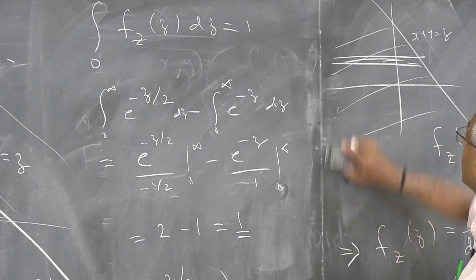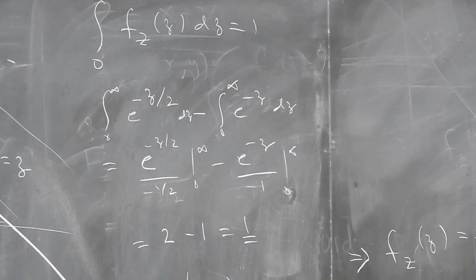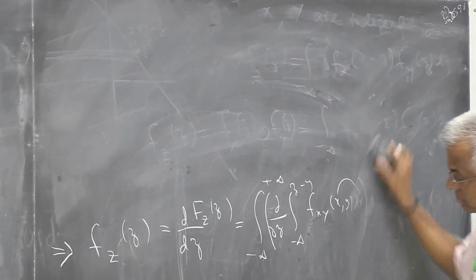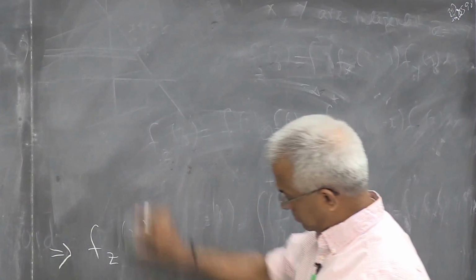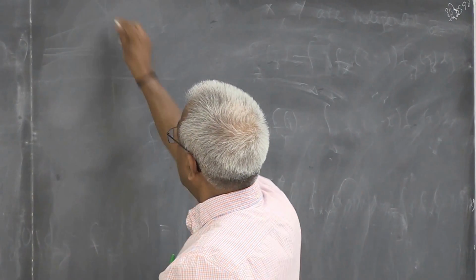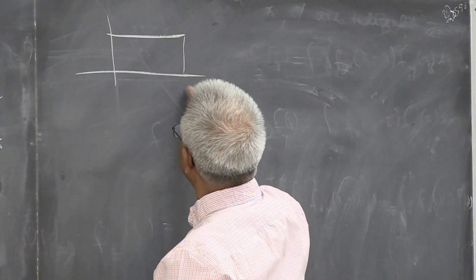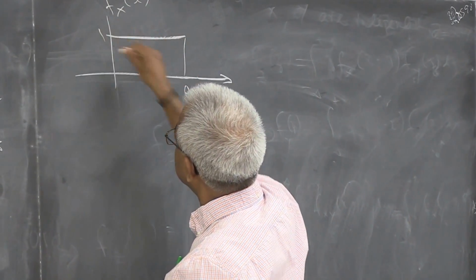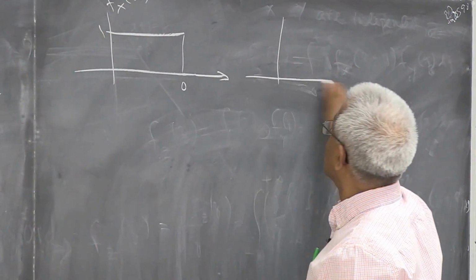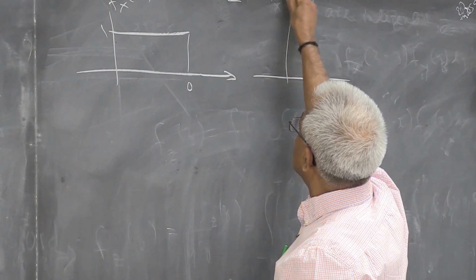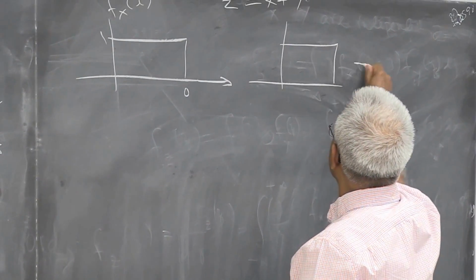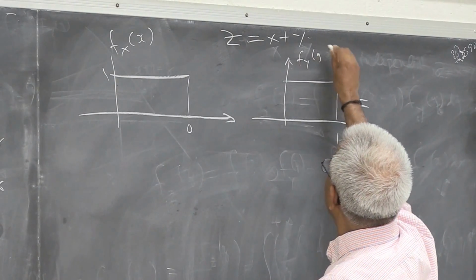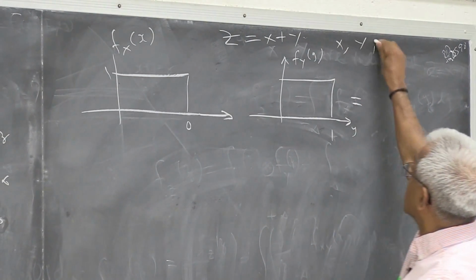And if you want a problem, this is again a classic problem. Suppose, what is this density function? So this is f of y.